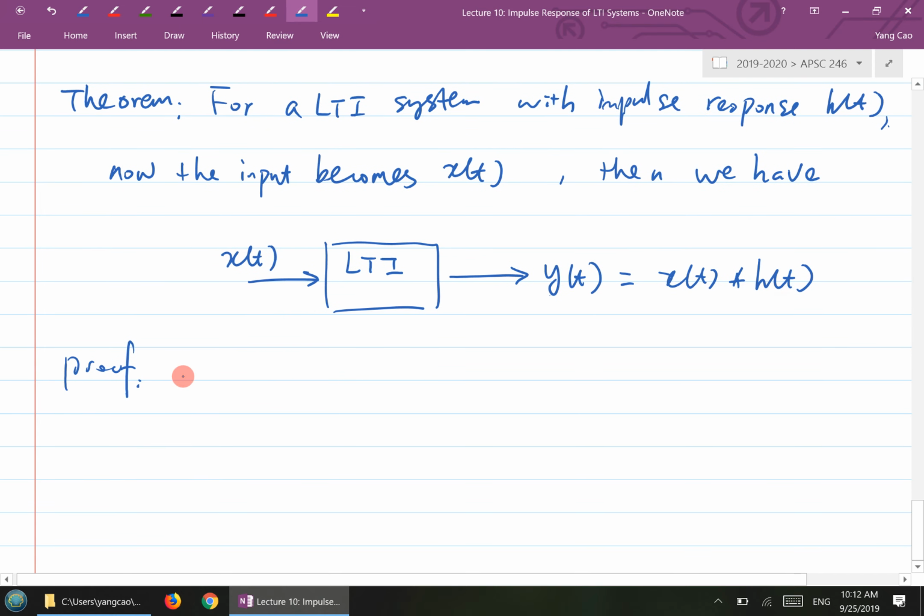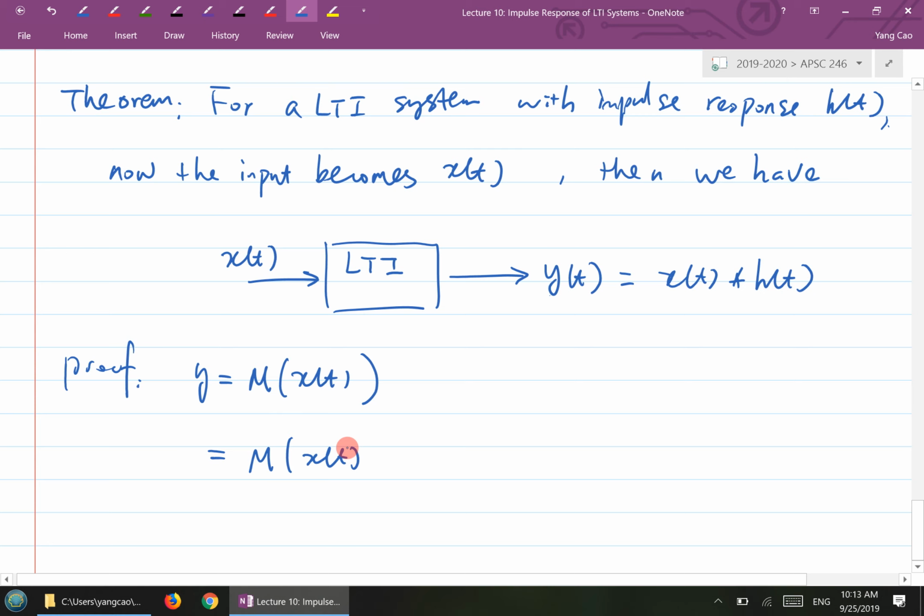So the proof of this one is this. This is the current situation: you have an input to the system, and you're interested in finding out the output of the system. Now I'm going to manipulate this x of t, but not changing it.